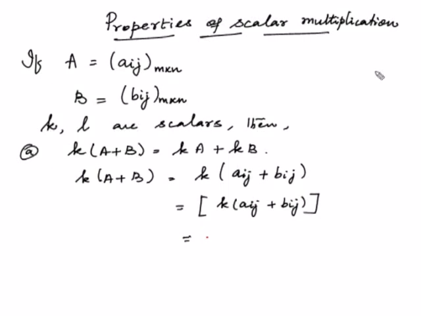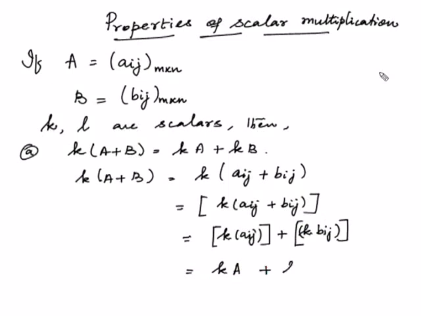Now it can be split up as K Aij plus K Bij. So that is equal to K times the matrix A plus K times the matrix B, and hence the result.